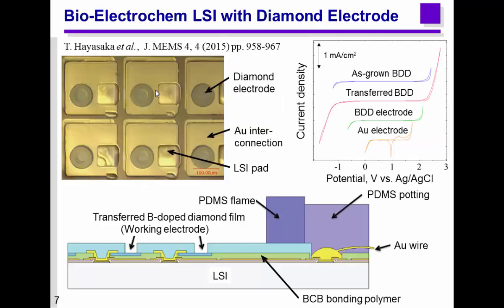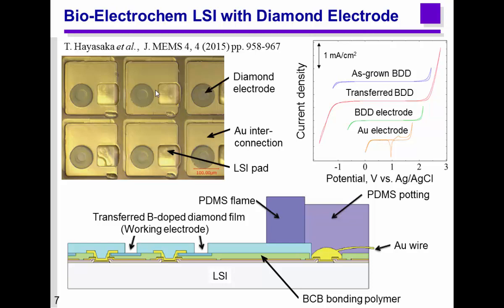This is another example. This is a bioelectrochemical sensor array. A 20 by 20 diamond-based electrochemical sensor was fabricated on the LSI. Why do we use the diamond electrode? This is because diamond is one of the best materials for electrochemical detection.